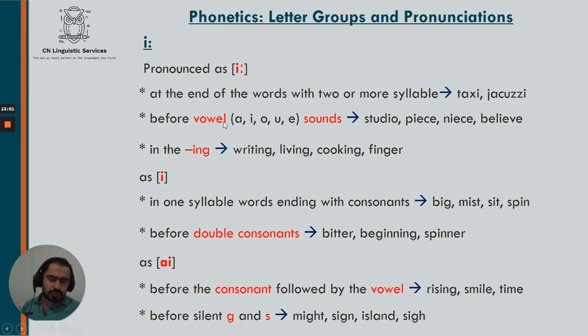And also before vowel sounds. So what are vowel sounds? They are A, I, O, U, E. Studio, peace, knees, believe. Here I comes before vowel sounds.